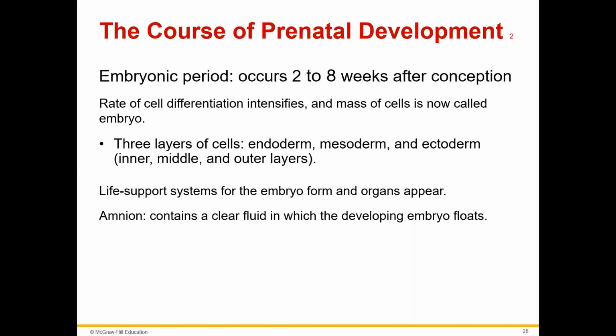The reason that the embryo is surrounded by this amniotic fluid is to provide temperature and humidity control, and also it acts as a shock absorber. So if the mother's bouncing around somewhat, the baby's not bouncing around quite as much because it's immersed in this liquid. And the liquid, once again, also helps to keep the temperature and the humidity adequate for the developing embryo.